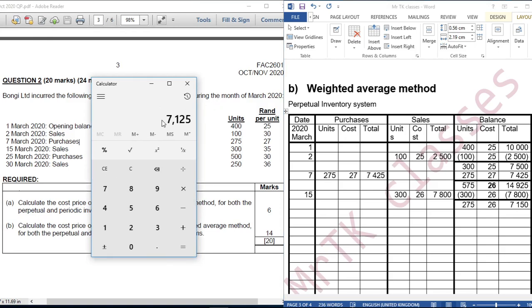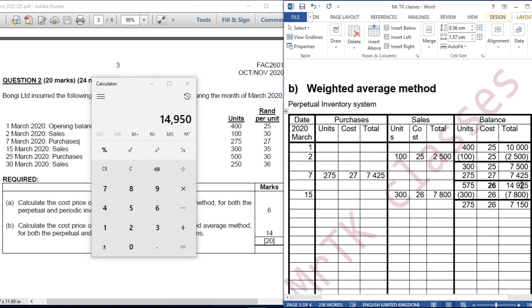14,925 subtract 7,800. They were saying 275 multiplied by 26, 7,150. I just need to see something here. 575 multiplied by 26, what do we get?